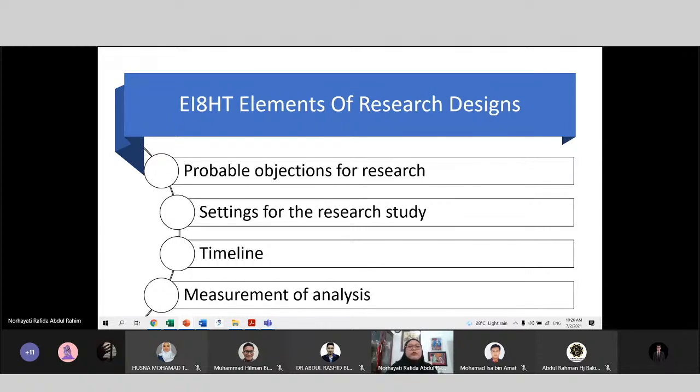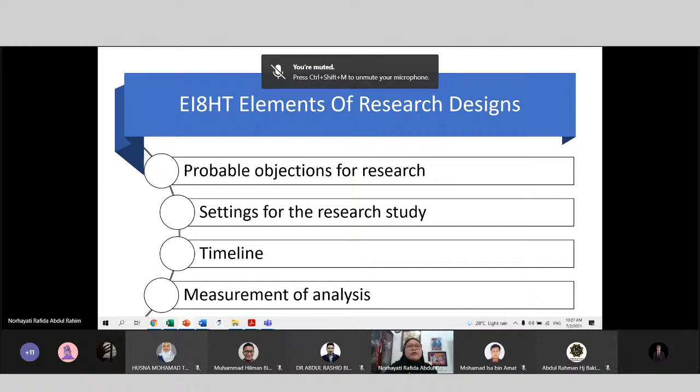Okay, probable objections for research, meaning we need to see the likelihood that your method will be opposed or refused by other scholars.